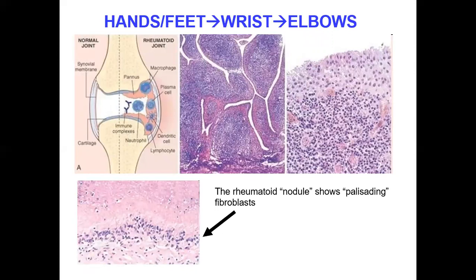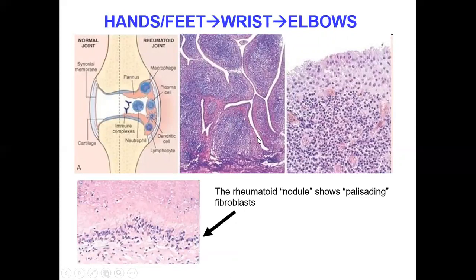So this is the diagram which I already demonstrated. This is a comparison of normal joint with rheumatoid joint. Pannus formation: proliferation of cells like macrophages and plasma cells, and this is pannus formation.